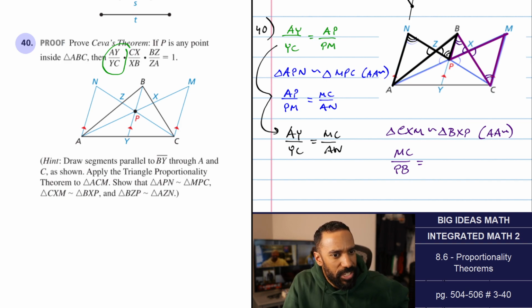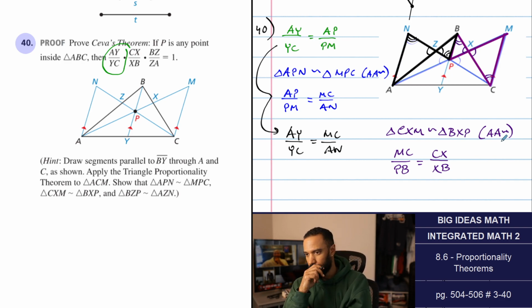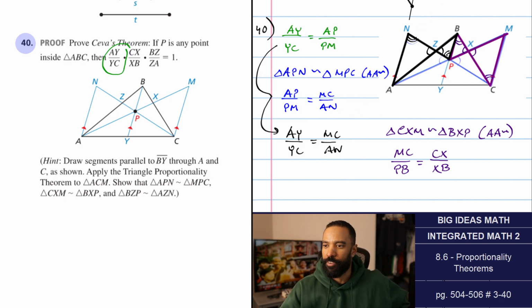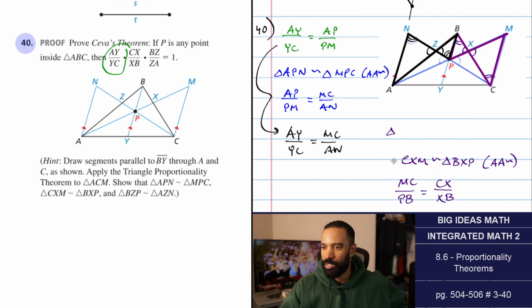Which letters do they use? CX and XB. CX is to XB. But PB is not a part of the other... Oh, but PB is going to be shared on both of these. Okay. So let me figure out how that's going to look when all's said and done there, because I don't actually know.